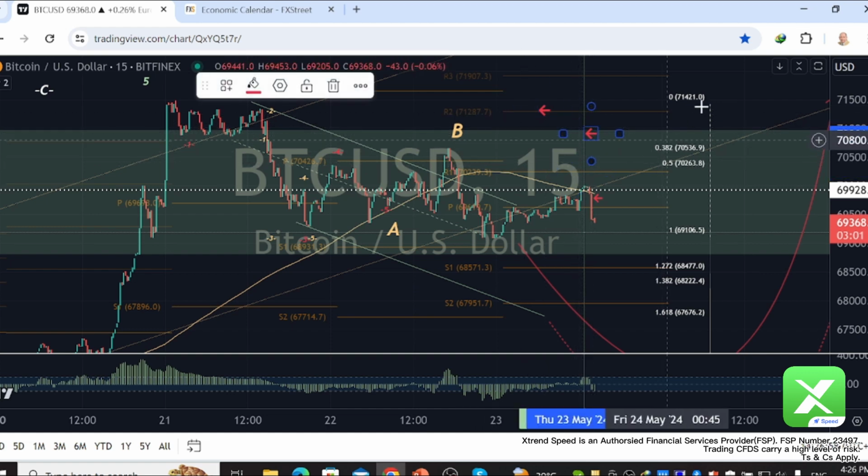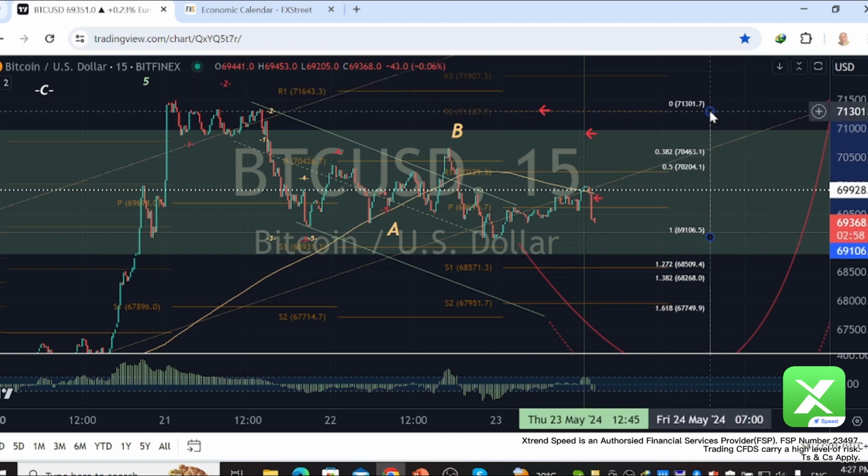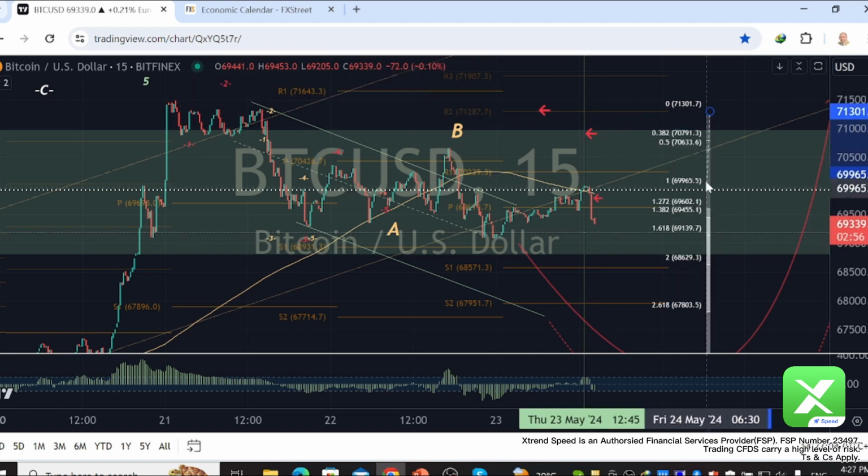So we all know now how to do this. All you need to do is just show the fibs between the internal resistances.